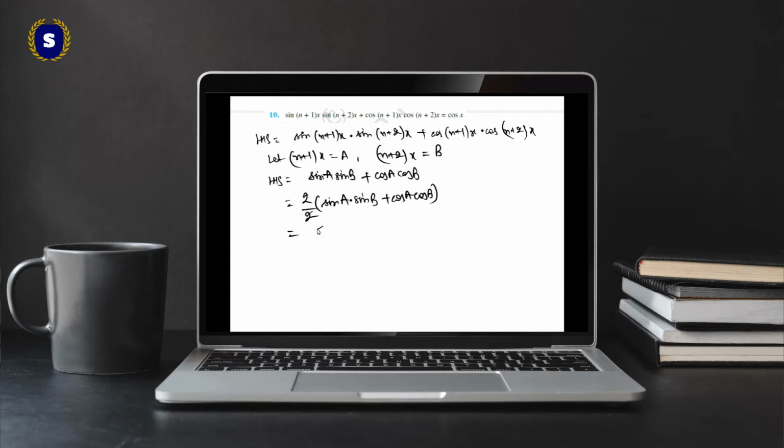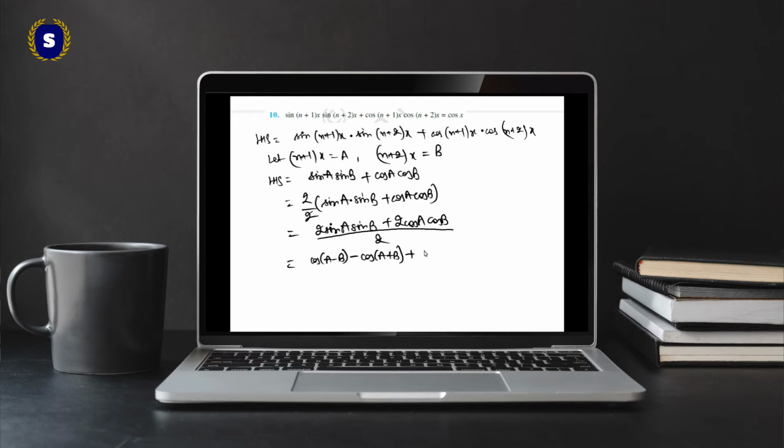So solving the numerator, 2 sin a sin b plus 2 cos a cos b upon 2. This will give, 2 sin a sin b will be cos(a minus b) minus cos(a plus b). You can check the identity if you have any doubt.